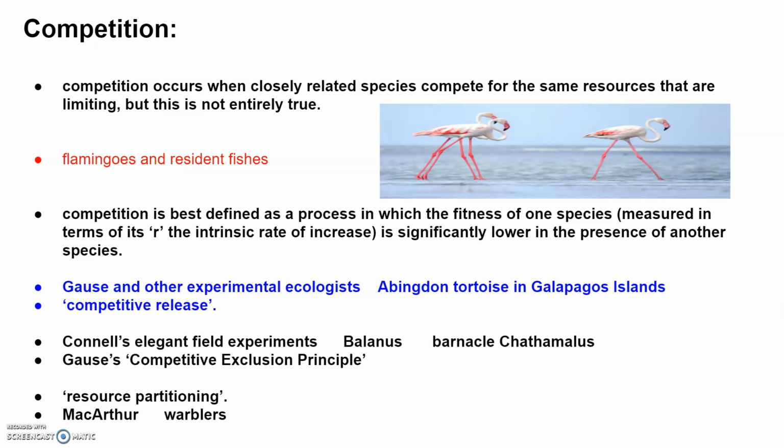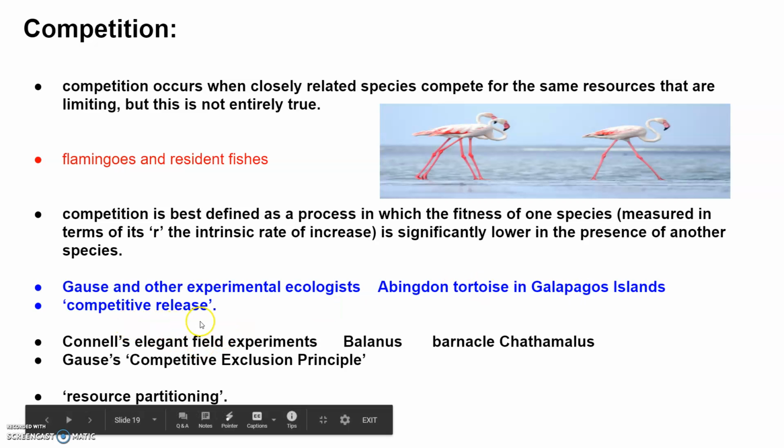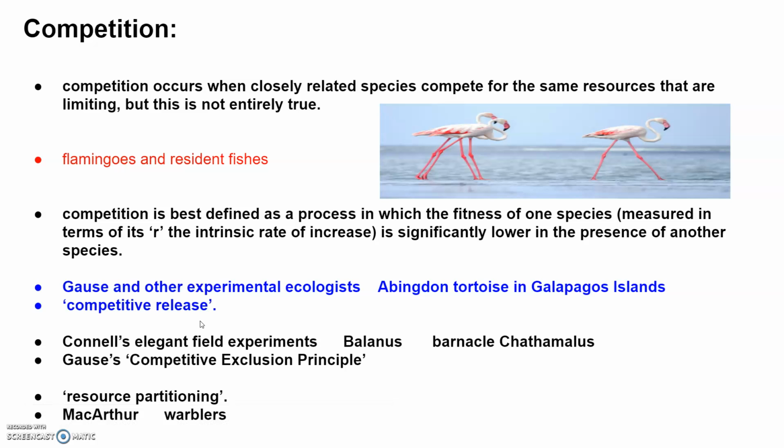Another evidence for the occurrence of competition in nature comes from what is called competitive release. A species whose distribution is restricted to a small geographical area because of the presence of a competitively superior species is found to expand its distributional range dramatically when the competing species is experimentally removed.